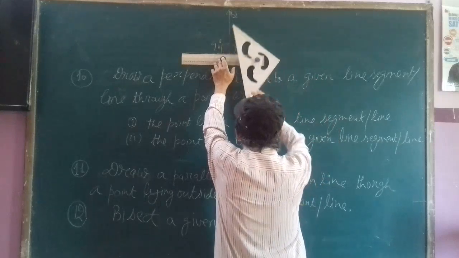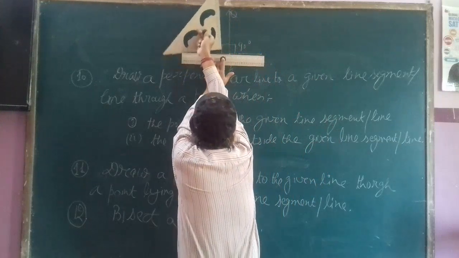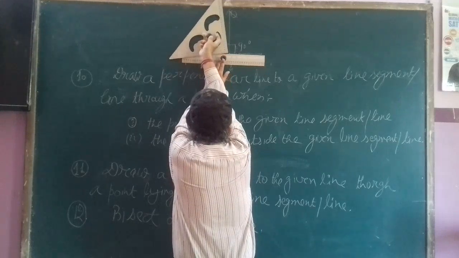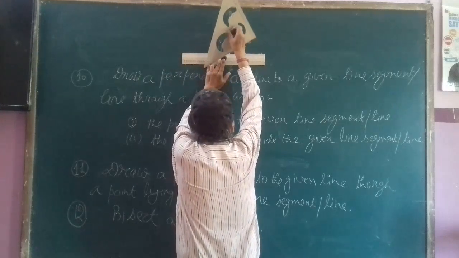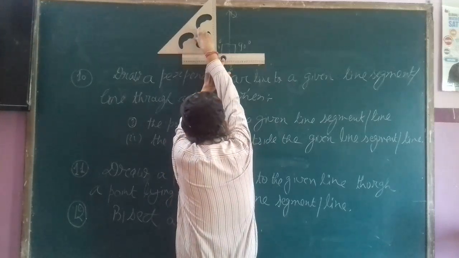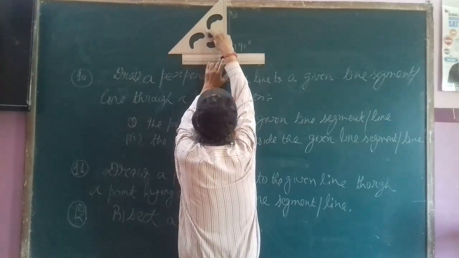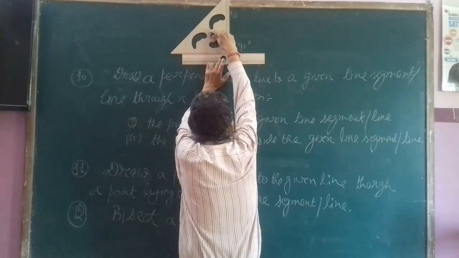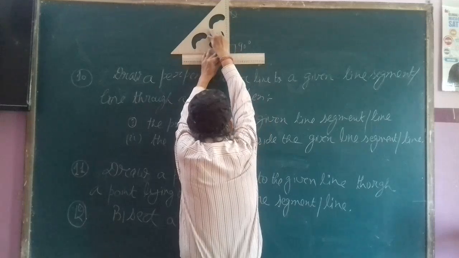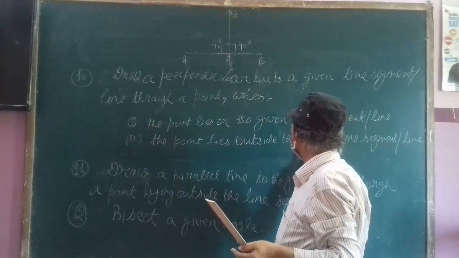Then slide it to point P. Just put it here and slide it to point P like this, but keep a firm pressure on the left hand, so that the scale does not displace from its position. Then when you reach point P, draw the line. Okay, this is the construction when the point lies on the given line segment.